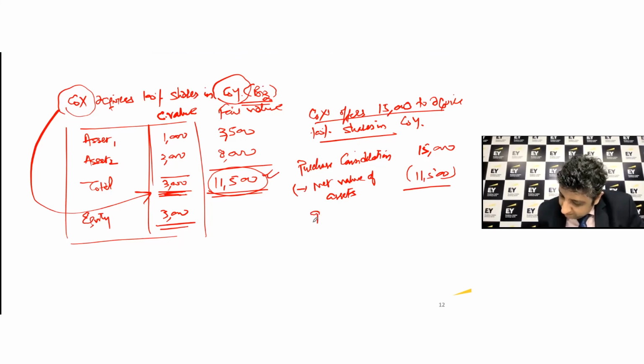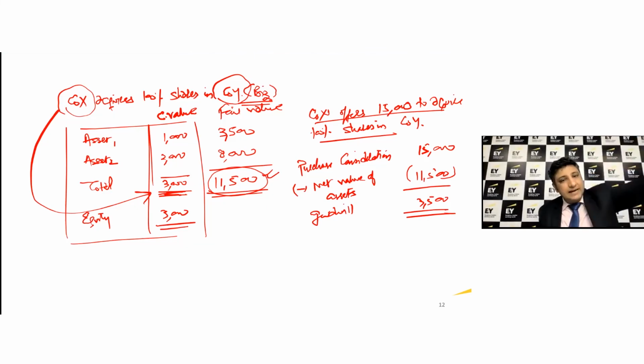That gives the balancing amount as goodwill to the extent of 3,500. So this 3,500 would be recognized as a separate item in the group financial statements.